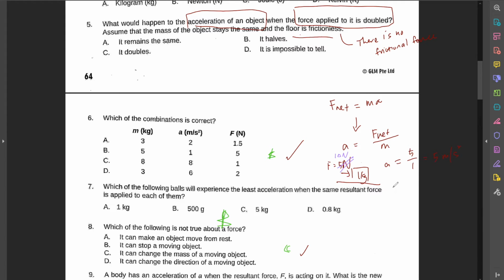So acceleration now becomes 10 over 1, so it's 10. Comparing these two answers, it increases, from 5 to 10. That means when the force is doubled, the acceleration is also doubled. So that's why the answer is C.